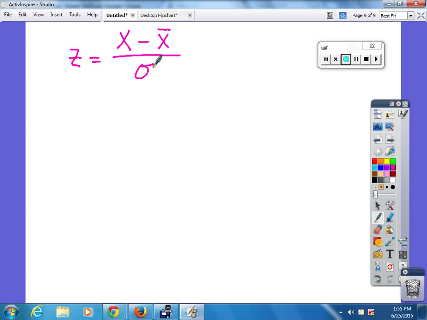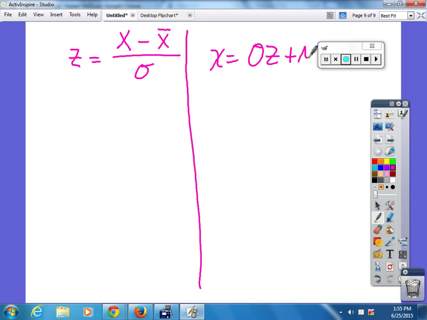I'm also going to give you another formula for 6.3. Basically, if you solve for x here, you get x is equal to z sigma plus mu, which is how you get x. This is later on in 6.3. This is the first part of 6.3.